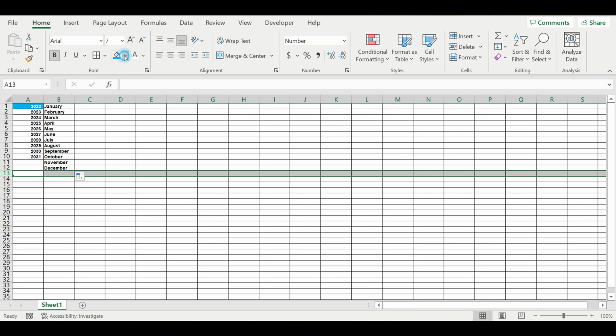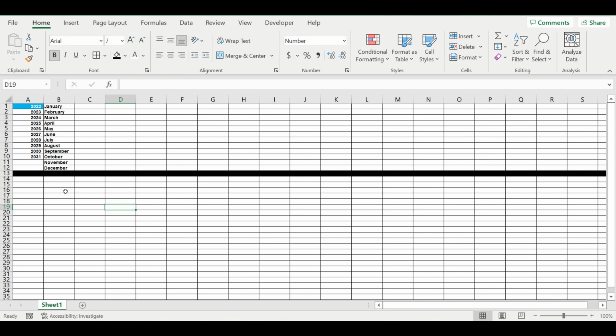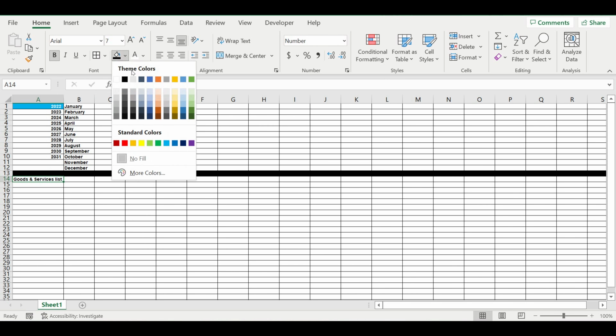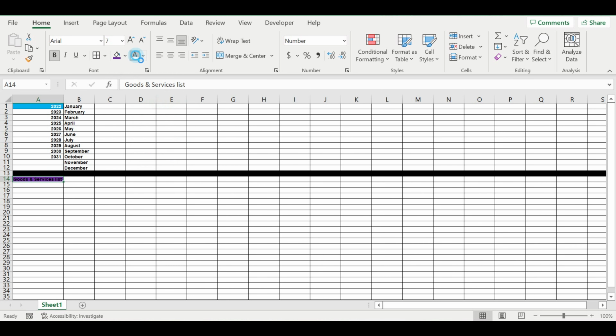So now let's move to our goods or services list that we're going to produce or sell. Let's call it goods and services list. Name. So here we will place the list of our goods or services that we are going to produce or resell. It doesn't matter.